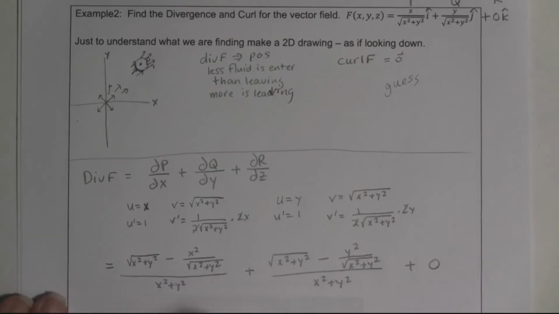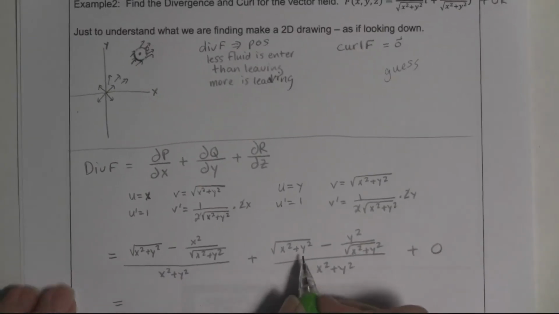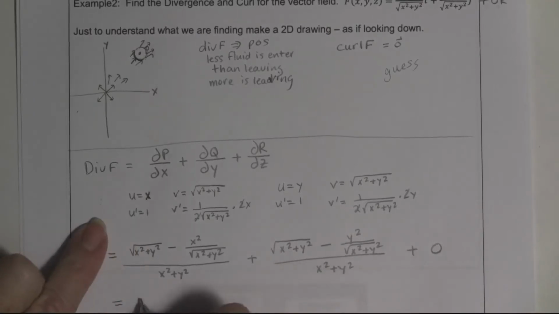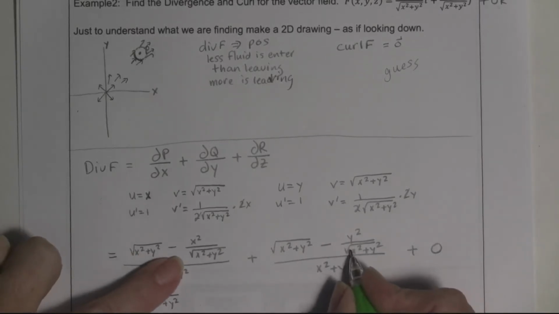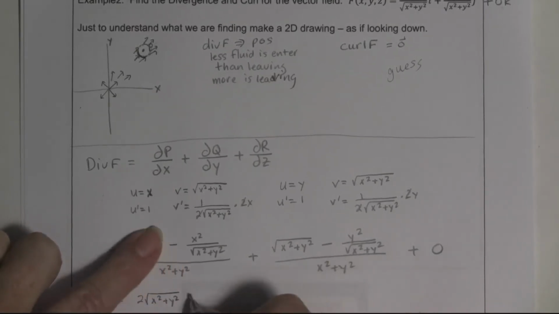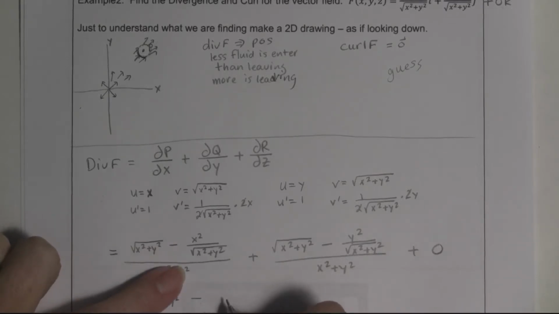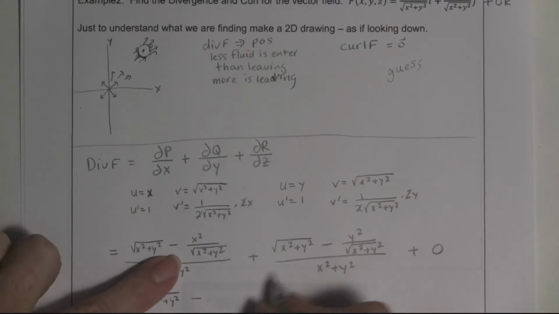It's six of one, half a dozen of the other. But if you did add them together, you would have 2 of those. And then these have a common denominator as well. So it would be minus, you know what? These are both minus, and when I put that up in the numerator, that's going to be x squared plus y squared.